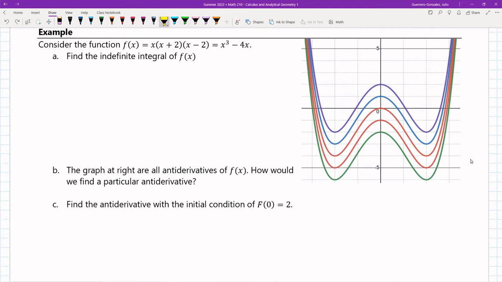That is all reduced down to this thing right here. So let's find the indefinite integral. The indefinite integral of f of x dx is the integral of x cubed minus 4x dx.